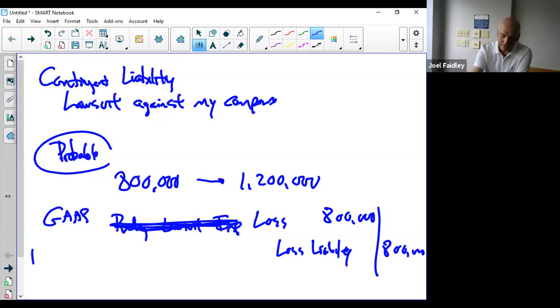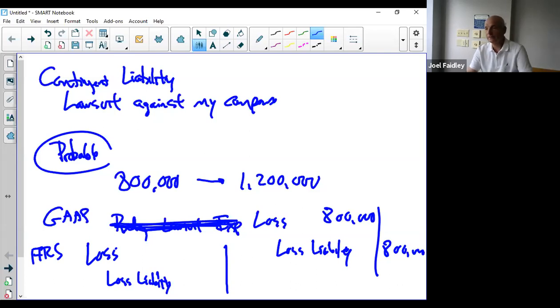What do you think IFRS says? If you look back at that PowerPoint, you'll know the answer. And what IFRS says makes a little bit more sense. IFRS says take the average. Maybe you've got 4 different estimates in that range.